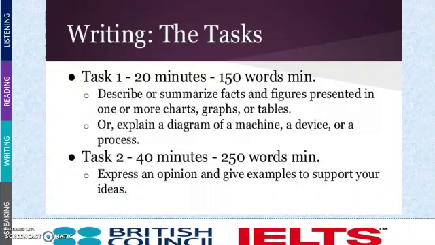Or explain a diagram of a machine, a device, or a process. So it means something in procedure. Task 2 is 40 minutes, 250 words, that is again the minimum. So express an opinion and give examples to support your ideas.